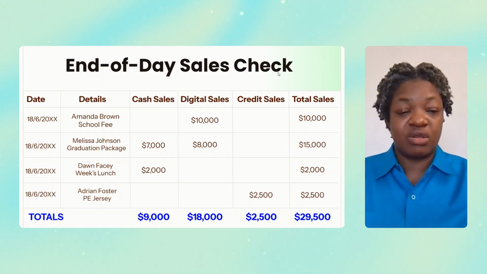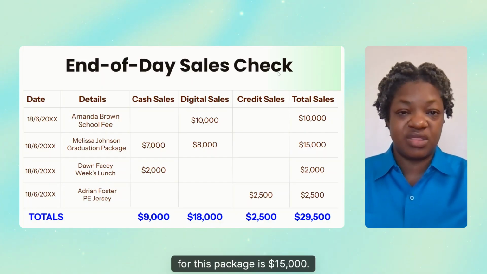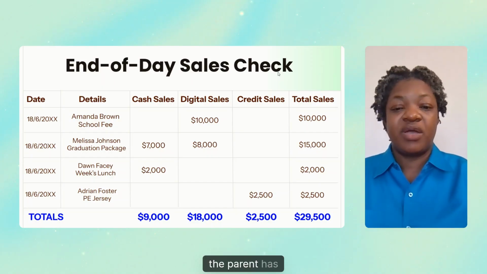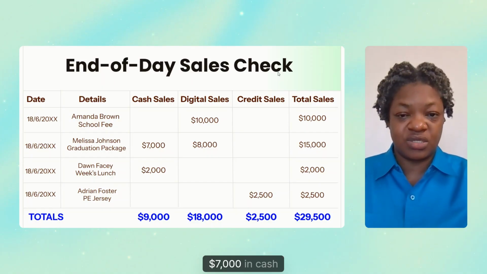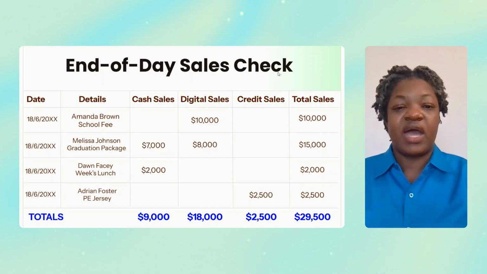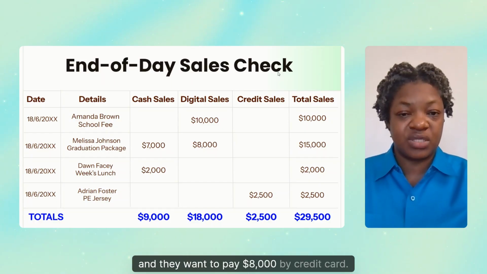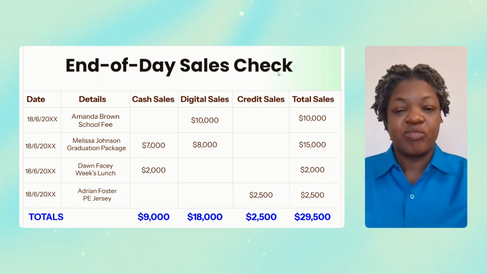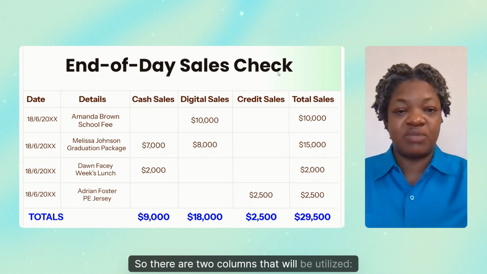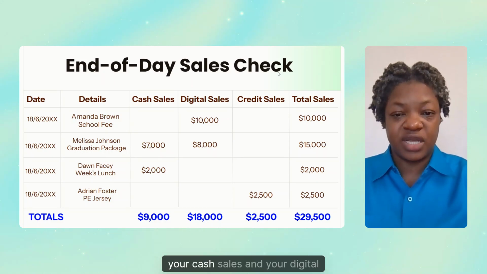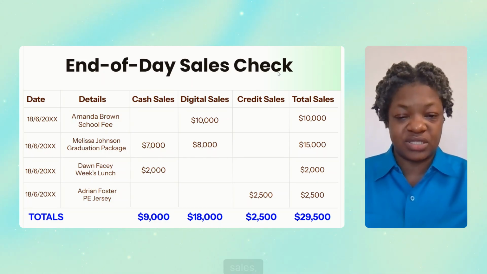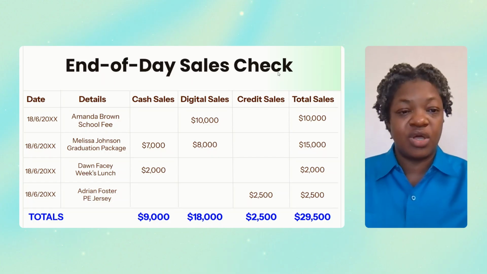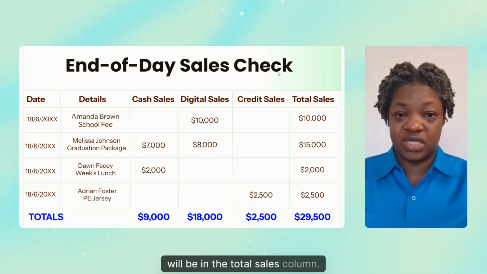Now, the total for this package is $15,000. However, the parent has $7,000 in cash and they want to pay $8,000 by credit card. So there are two columns that will be utilized, your cash sales and your digital sales. And your total will be in the total sales column.